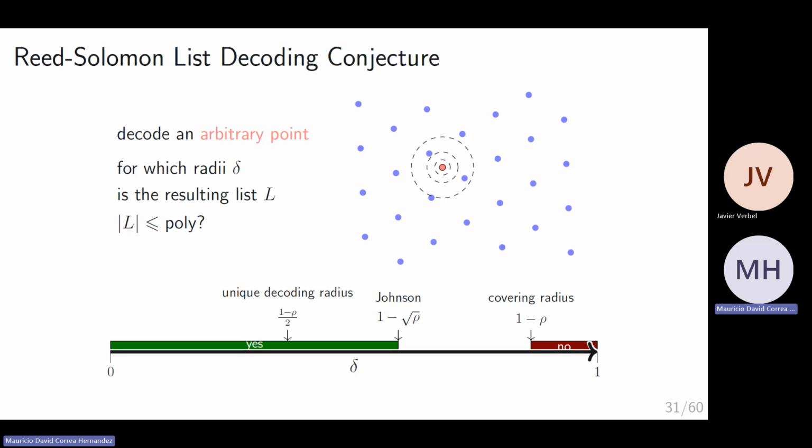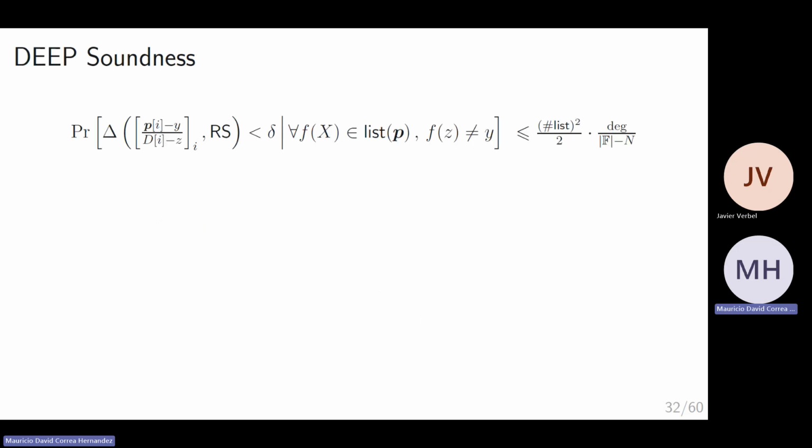And so the conjecture relating to list decodability of Reed-Solomon codes states that this entire region where we don't know about the size of the list is actually still polynomial. Right up until the covering radius, the size of the list is polynomial. This is one of two conjectures that features in Stark. And so that allows us to determine whether this soundness probability is negligible or not, because whether the size of this list is polynomial or not depends on the radius.